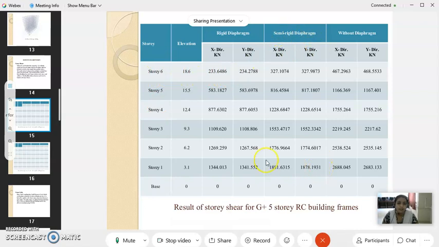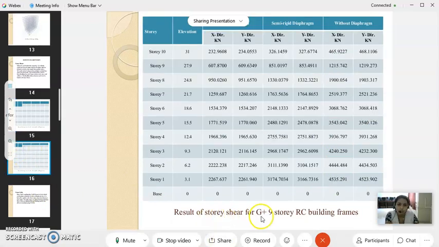For semi-rigid diaphragm, 1881 kilonewton, at story 6, 327 kilonewton. For without diaphragm, at story 1, 2688 kilonewton, and story 6, 467 kilonewton. Same as it is for the G plus 9.